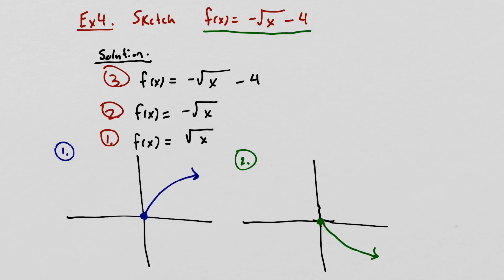Then finally, for our last graph, we want to shift this down by 4 units. So we're going to take our green graph and shift it down by 4 units, and this will look approximately something like this. So the graph of our function is going to look like number 3.